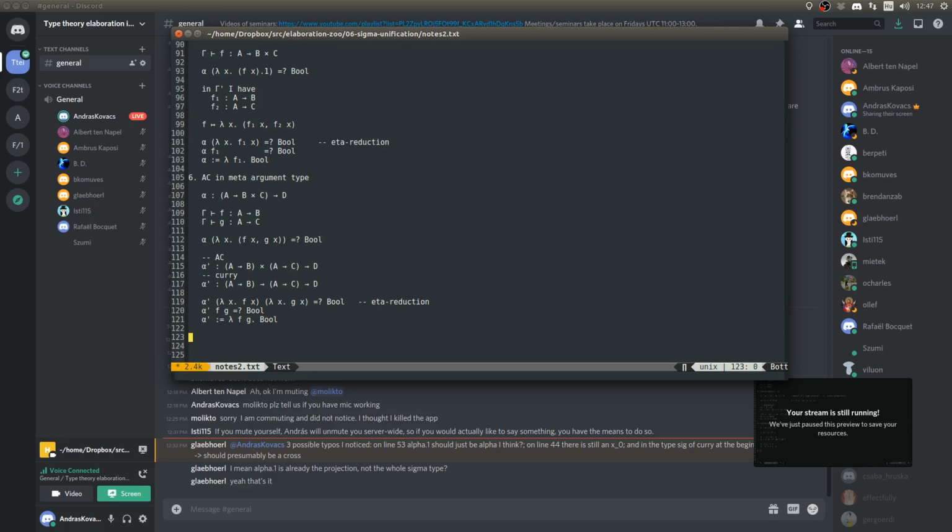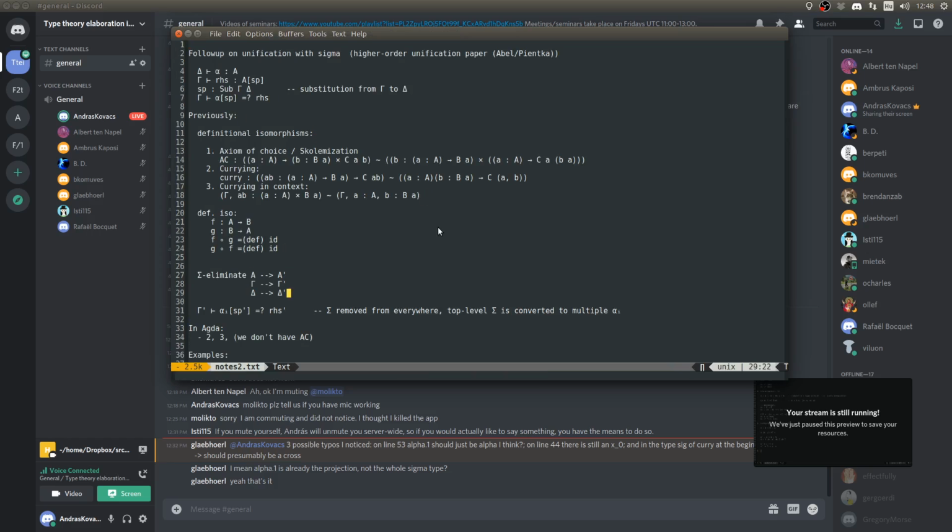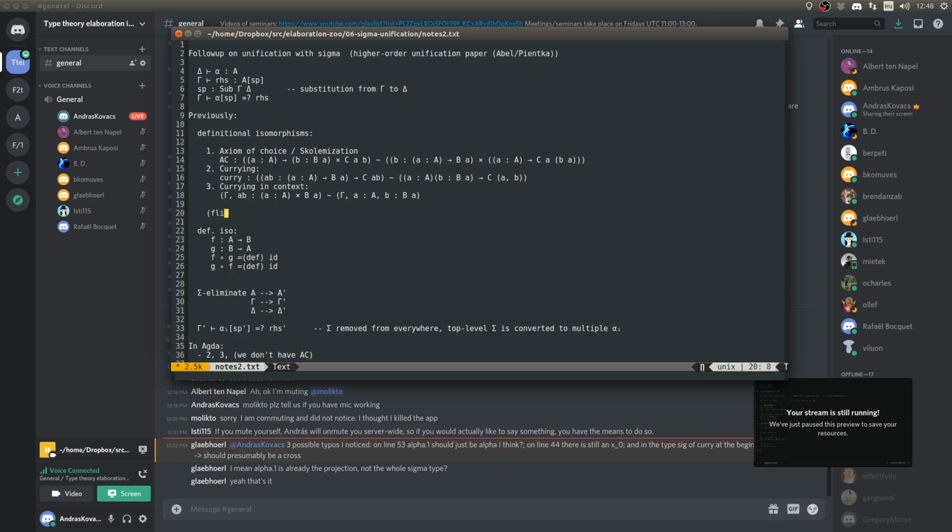And now I can talk a bit about why this is a bit problematic. I mean, there are problems with efficiency, but it's not the best that we can do. So I think that these three are not all the isomorphisms which you can actually use, because there is also the flipping.